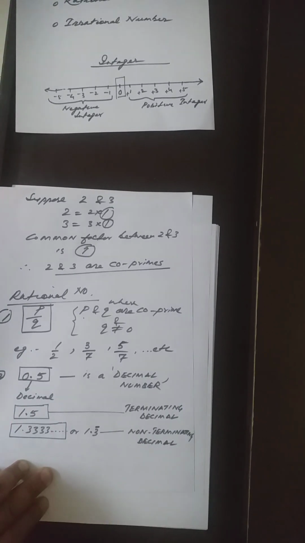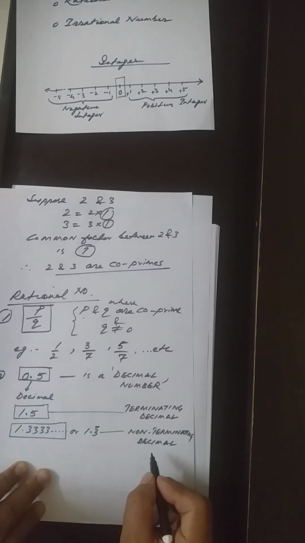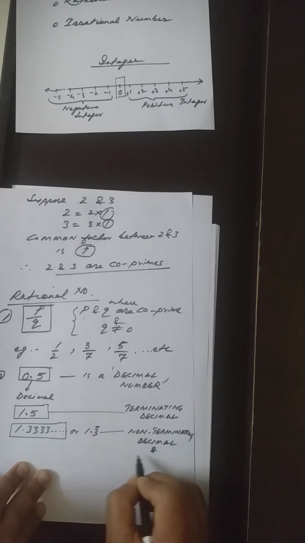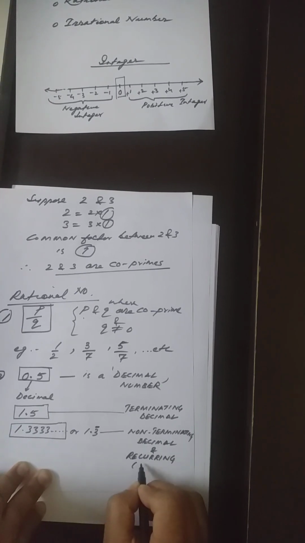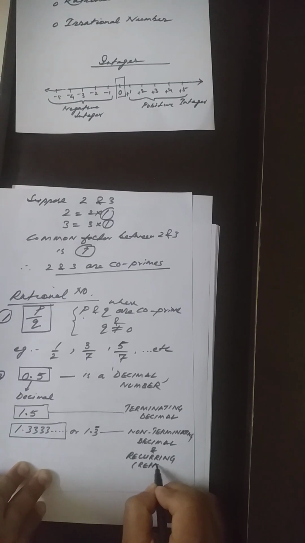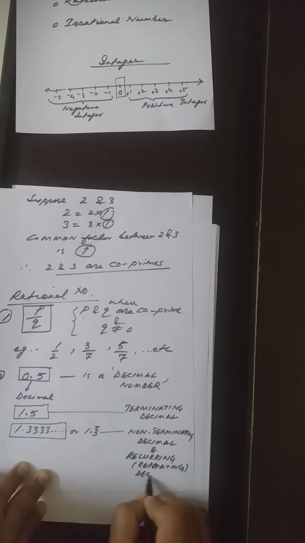But again you would see that this is a non-terminating decimal, but at the same time this number 3 keeps on repeating. So it's non-terminating and recurring. Recurring means where the number keeps on repeating. So it's a non-terminating as well as recurring decimal.